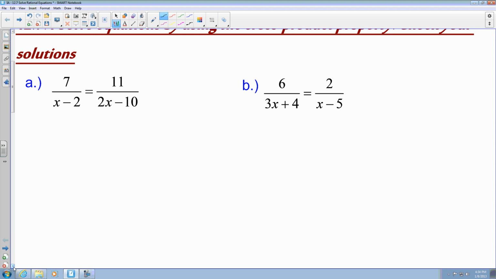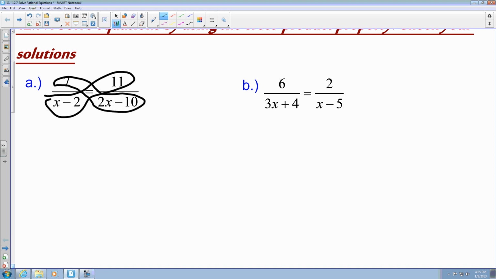Looking at example A, we're going to solve 7 over x minus 2 equals 11 over 2x minus 10. We have two fractions, so we're going to do the cross product. I'm going to multiply these two together, and I'm going to multiply these two together.